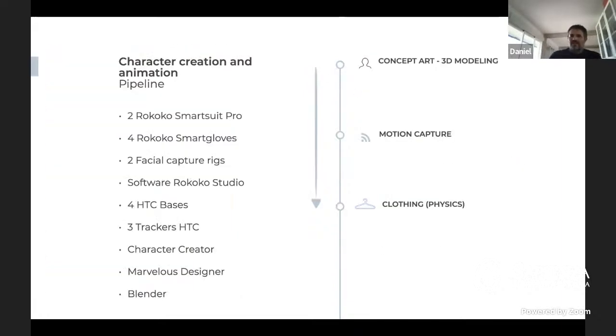Anyway, in these two slides, I will briefly show you the pipeline. Basically, first of all, as always, a hypothesis, then some concept art or some sketches and the characteristics or features required for this character or that character.